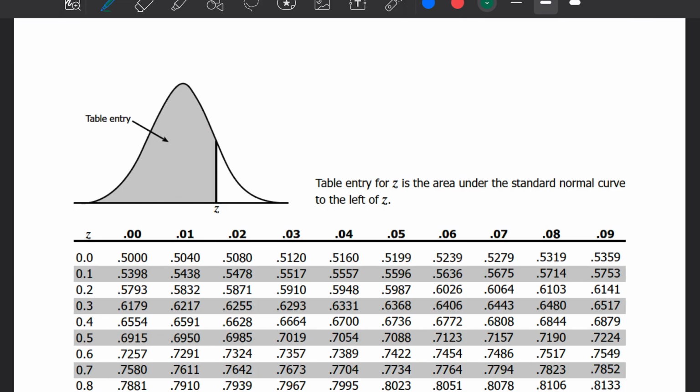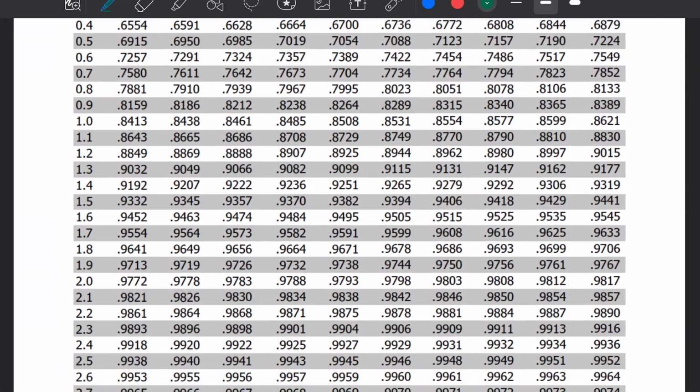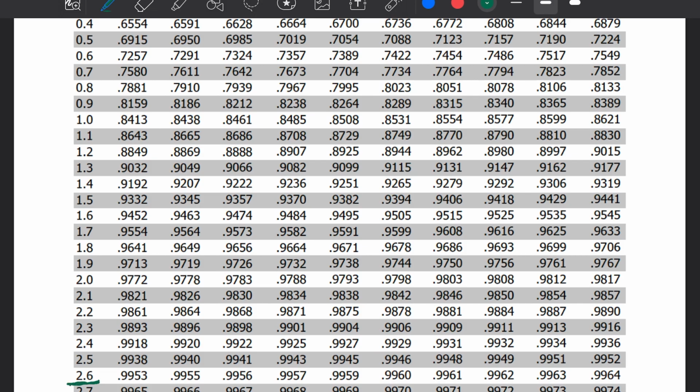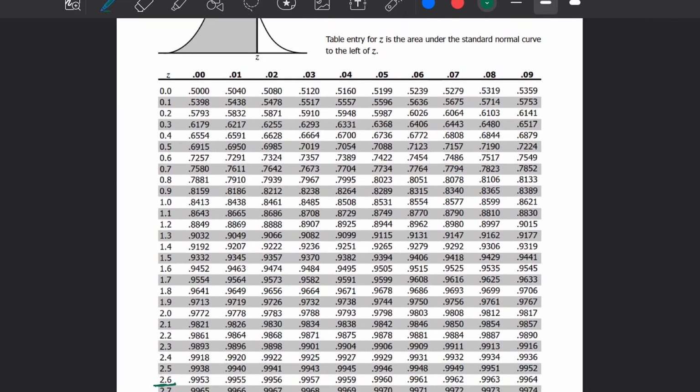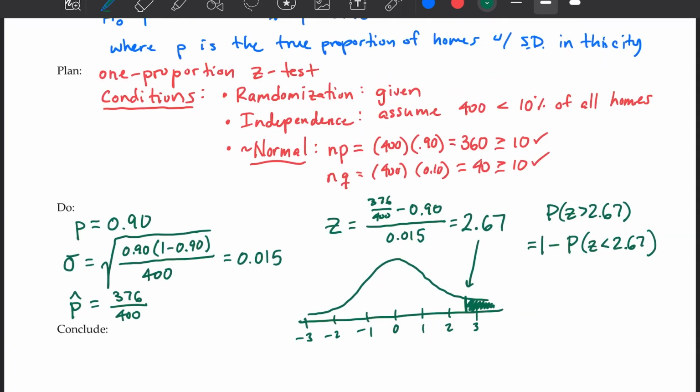So I'm going to flip over, and I'm going to go down the left column here to 2.6. And then I'm going to carry over all the way till I get to the 0.07 column here. And let's see if I can see this very clearly. That looks to be about 0.9962. All right, so let's do it. So that's equal to 1 minus 0.9962, which, quick subtraction, gets me 0.0038.